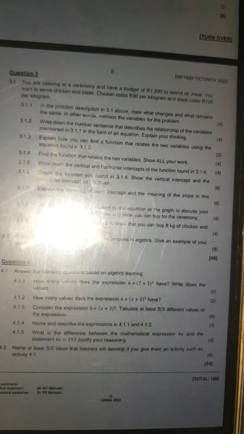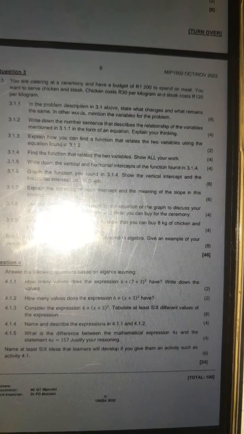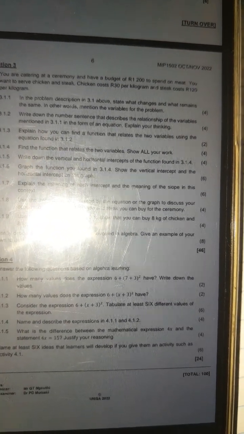How many values does 6 plus (x plus 3) have? They said, how many values does the expression have? You will treat this the same as the one that we did. Because it's x values, we can have indefinite values in this case.